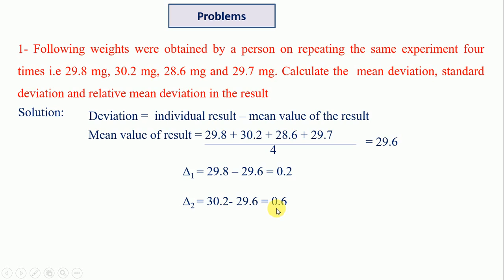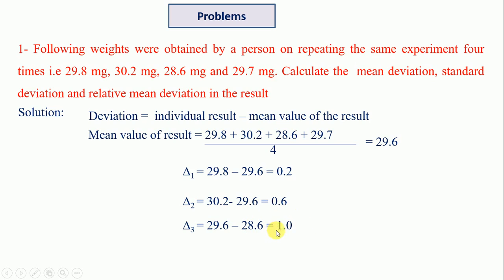In this way we can calculate delta 2, the deviation for the second individual value. In a similar way we can calculate delta 3 by taking 28.6 as the individual result: 29.6, that is the mean value, minus the individual value.